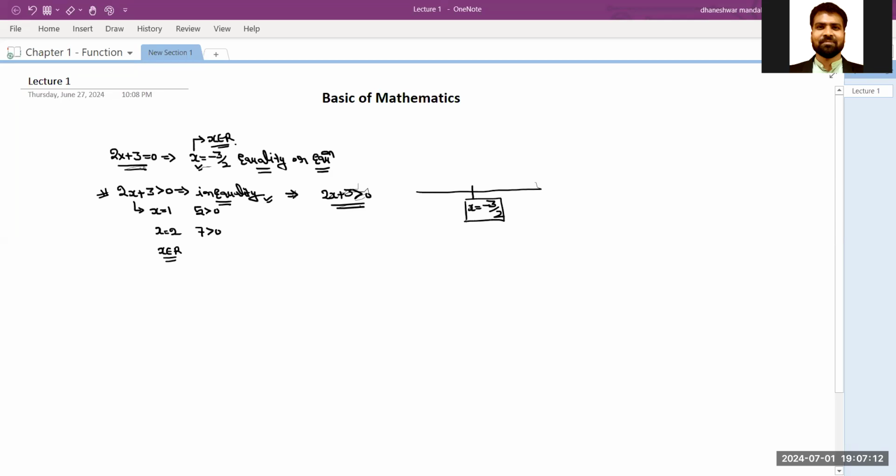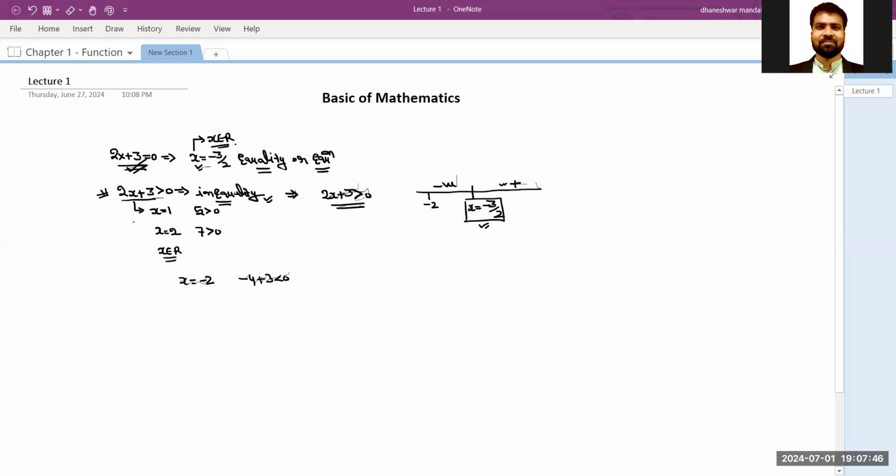It means if I take any value from the right side, then the expression will become positive. And if I take any value from the left-hand side, then this expression becomes negative. Is this clear? Let's take x = -2. Then I get -4 + 3, which means less than 0.